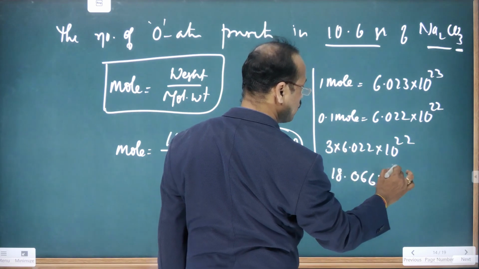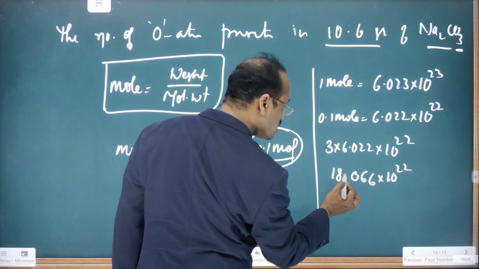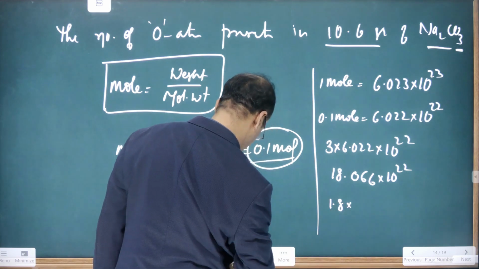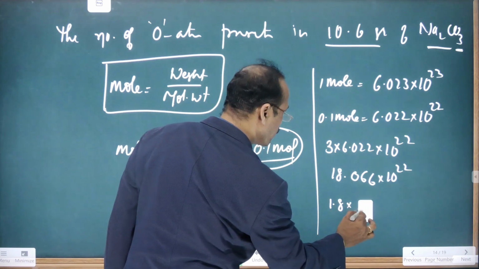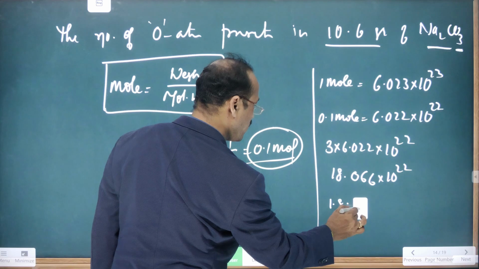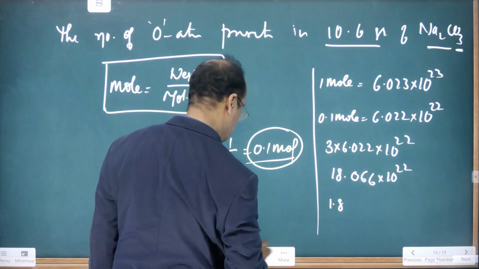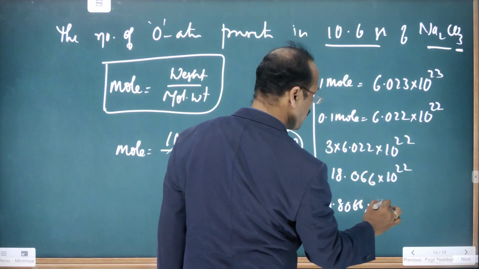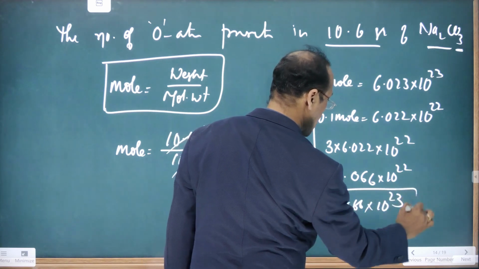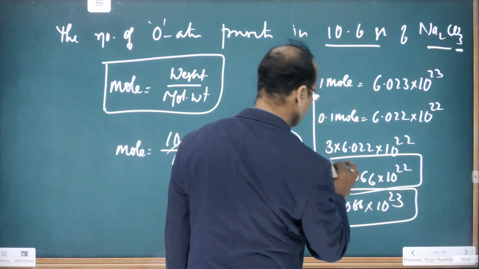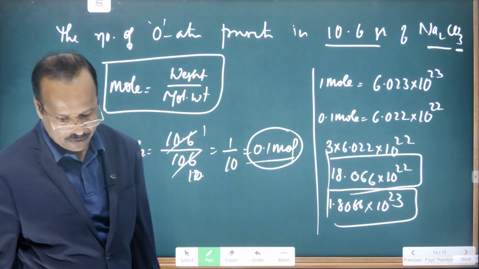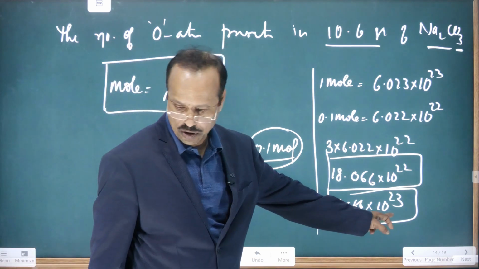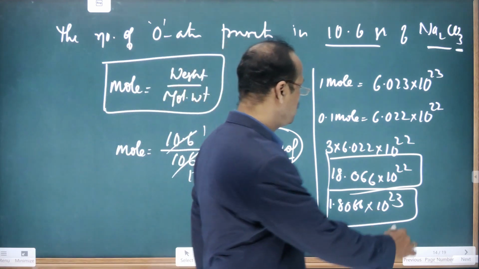So 18.066 into 10 to the power of 22, or if you shift the decimal point, we can write 1.8066 into 10 to the power of 23. Check your options: 1.806 into 10 to the power of 23. We got this answer. So the answer is the first option.